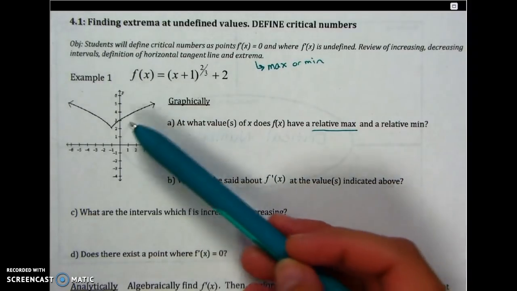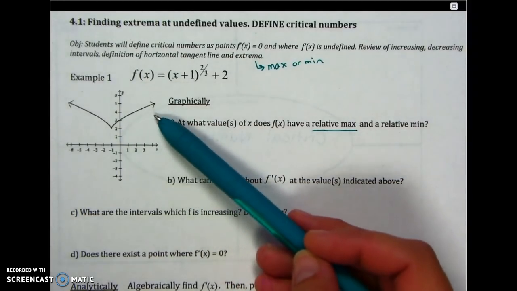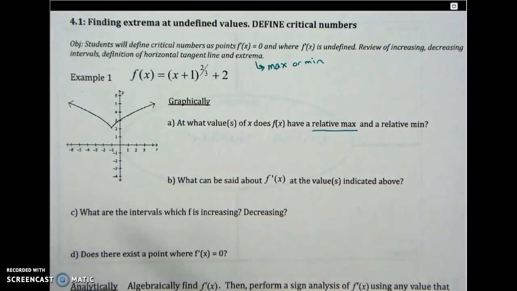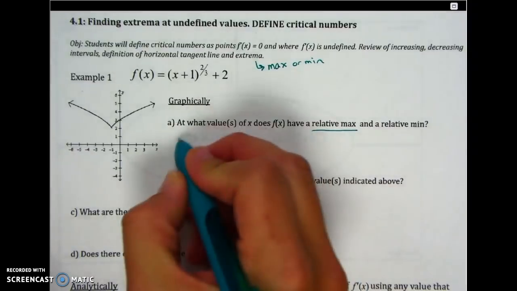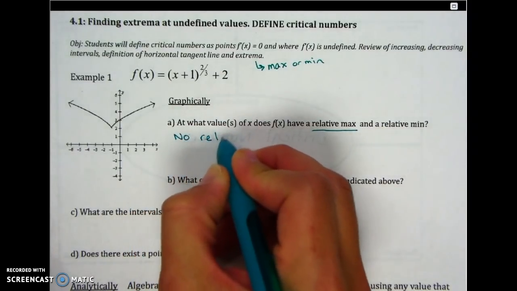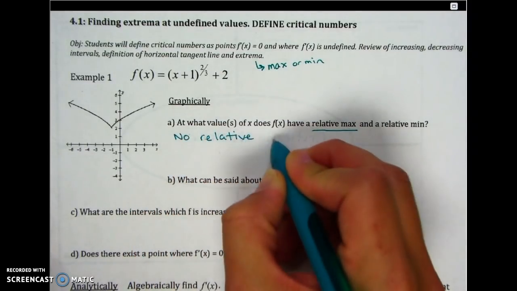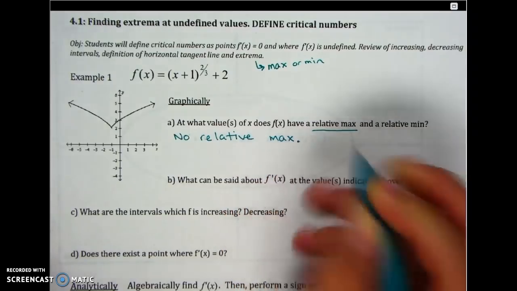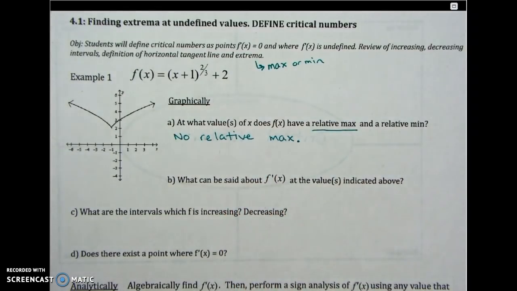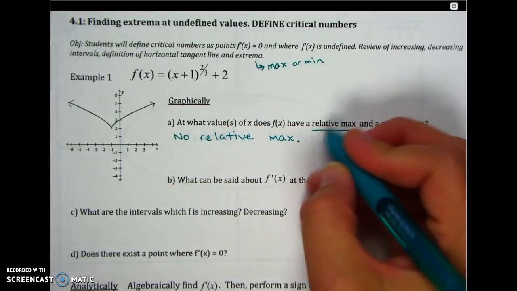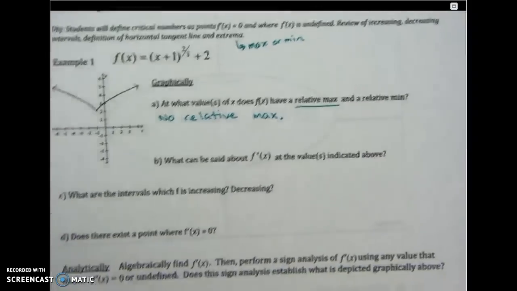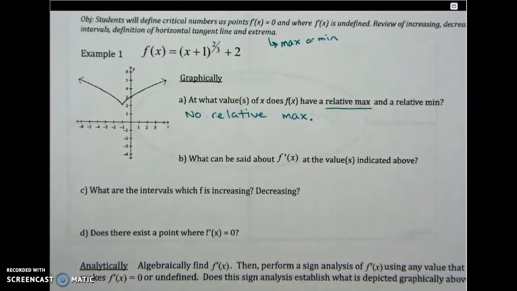So graphically, what values of x does f have a relative max? Does this have a maximum, like a hill, anytime it's going from increasing to decreasing? Do you see anything? No, so no relative max. And is there a relative minimum here?